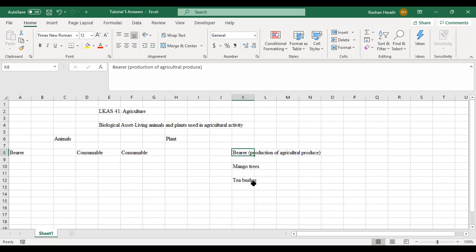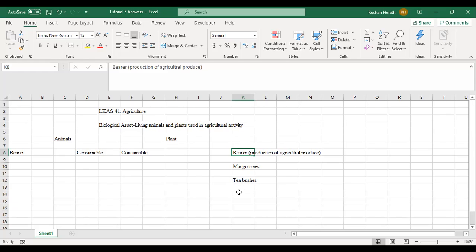If you take a mango tree, you are not going to get the mango harvest just one time, or limited to one year, but it may extend beyond that, maybe 5 to 10 years. So it will generate agricultural produce for more than one reporting period. That is the nature of a bearer plant.